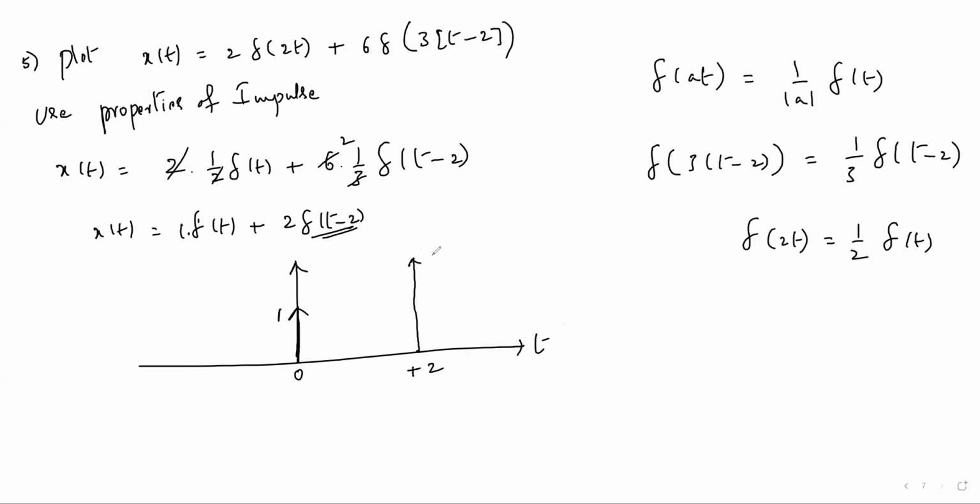And amplitude of this signal is given as 2. This is what the signal x of t. So we are using the scaling property of the impulse function here. And in a similar way, by using the same impulse signal properties, take down one more problem.